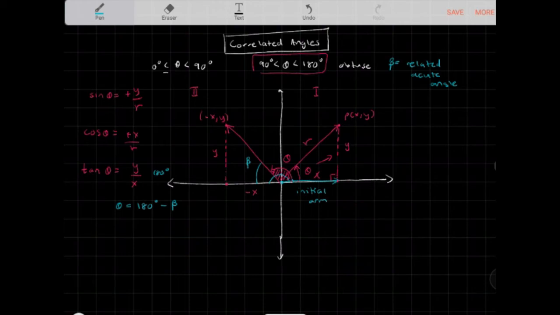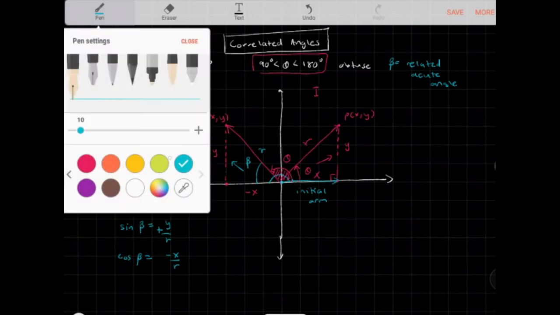Let's take a look at the trig ratios for beta. So let's start with the sine ratio of beta. The sine function of beta here is, and once again the radius is still out here, the length of the terminal arm, the opposite side over the hypotenuse. It's basically y over r. You can see that it's the same as sine theta, right? Cosine beta, however, is basically negative x over r.